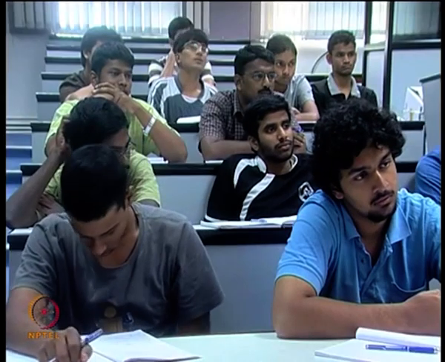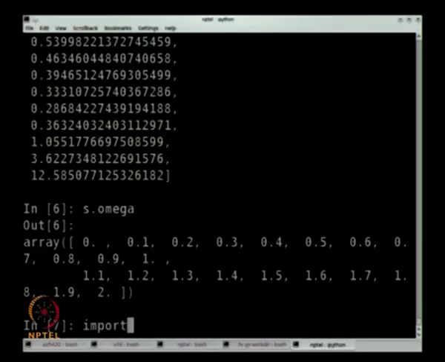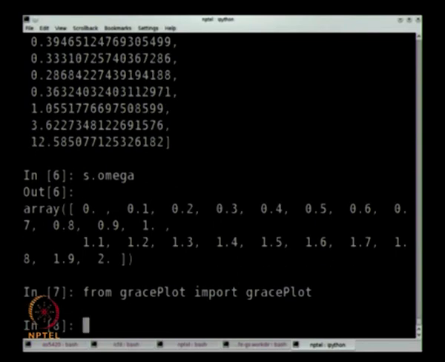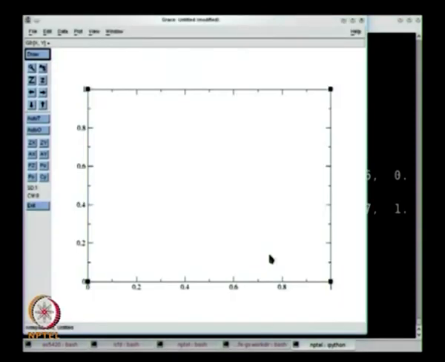So I will import matplotlib just to plot it. We will just quickly do this.